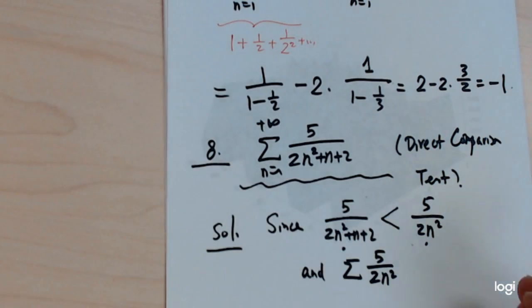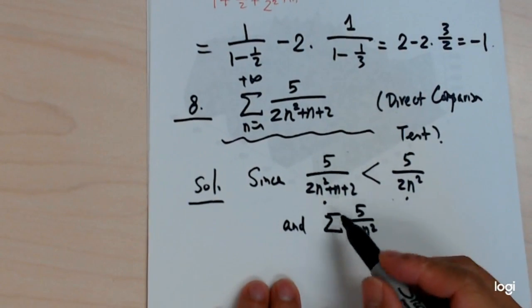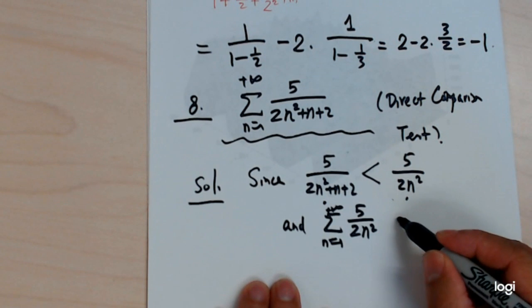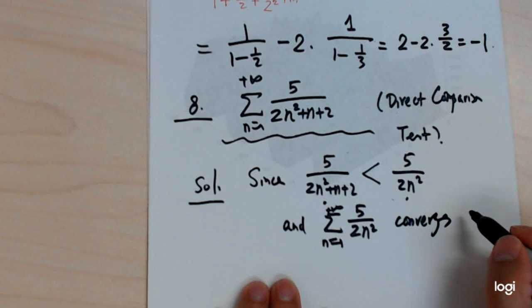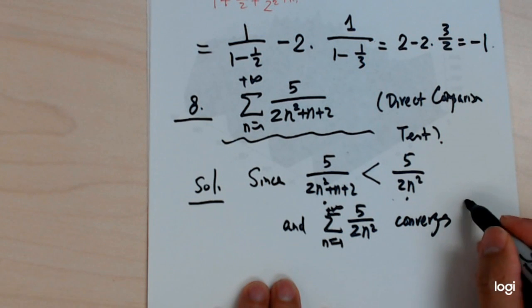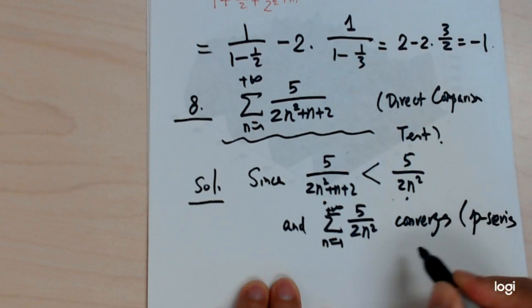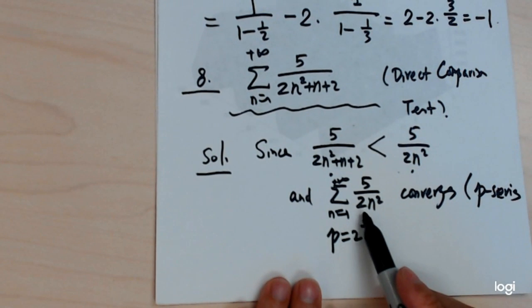and this one, this is the b sub n that we have. And this one converges because it's a p series with p equal to 2.